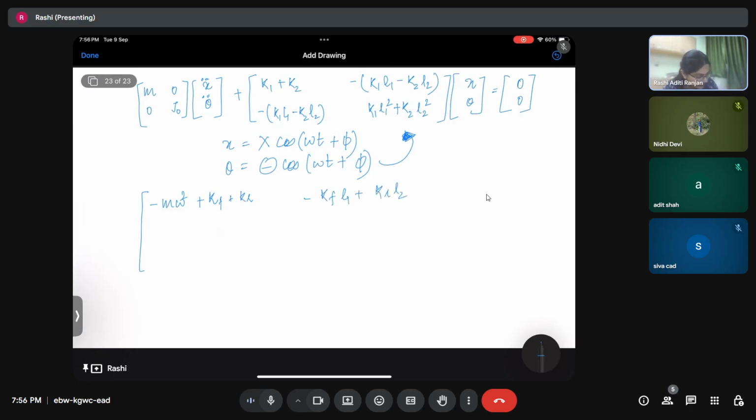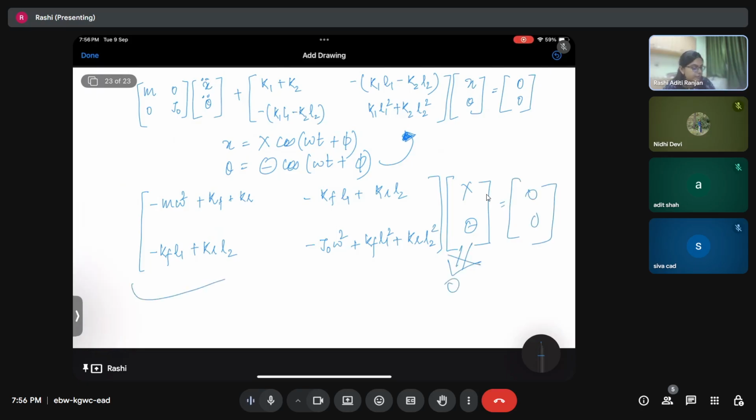Over here we'll have minus of kf L1 plus kr L2, minus of J naught omega square plus kf L1 square plus kr L2 square, times X theta. Again, this will not be equal to 0, so the determinant of this thing should be equal to 0.